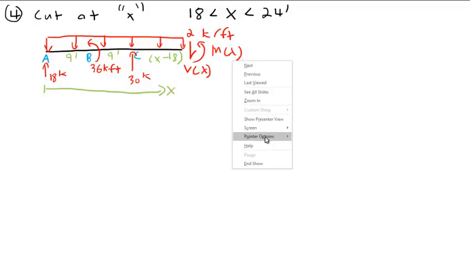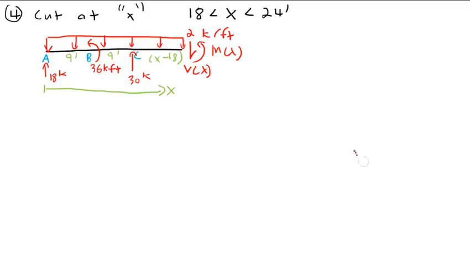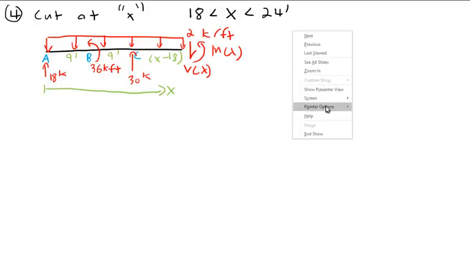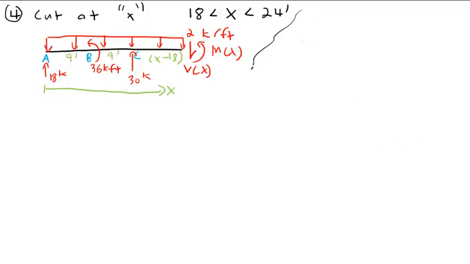Okay, so time to work through the equilibrium equations. So, sum of forces in the y direction, I will have 18 kips plus 30 kips. 18 kips is upward, 30 kips is upward.